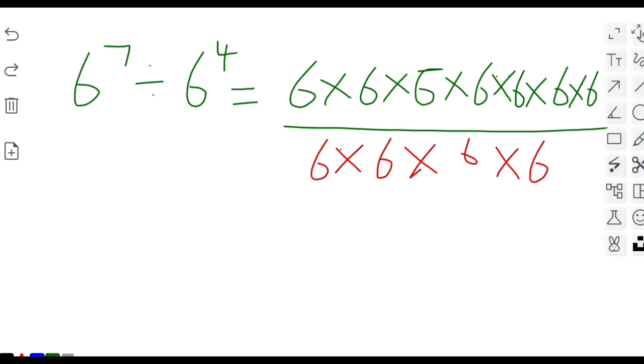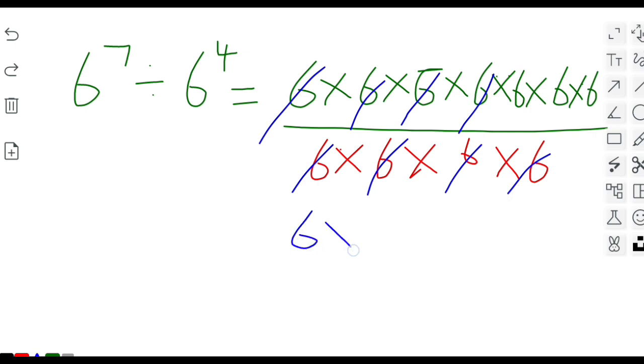Now, by division rule, we cancel out 6. From this place, we have 6 cancel out 6, 6 cancel out 6, 6 cancel out 6, 6 cancel out 6. So we are left with 6 times 6 times 6 over 1.